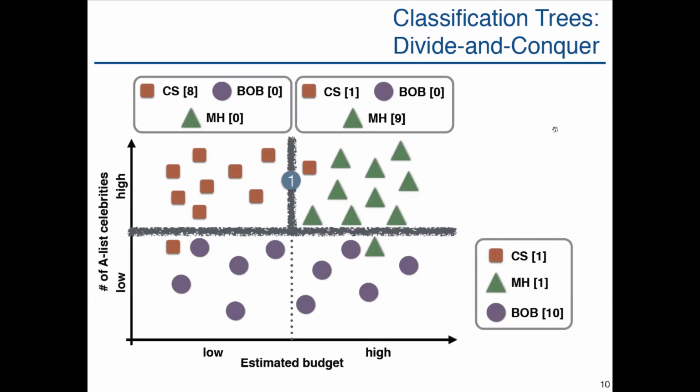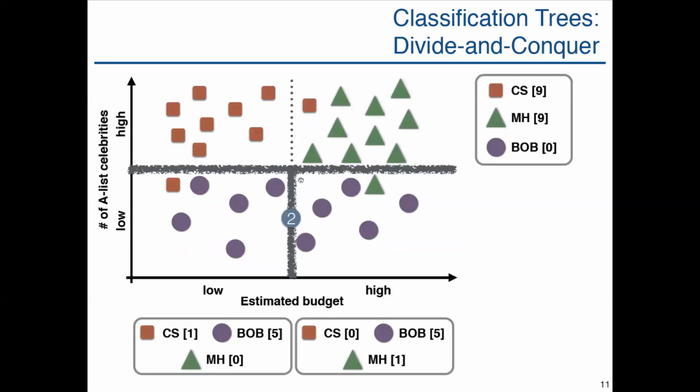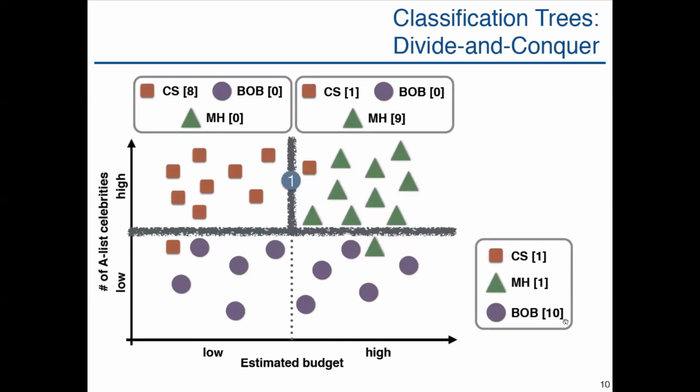The other possibility could be that you don't split the upper one, and instead split the lower part. But it turns out, what information did we have here earlier? We had 10 box office bursts, 1 critical success and 1 mainstream hit.